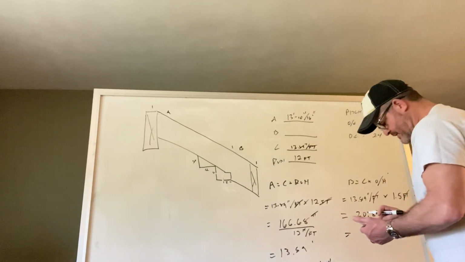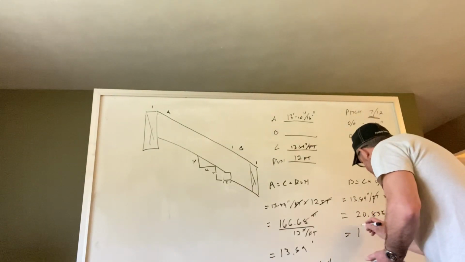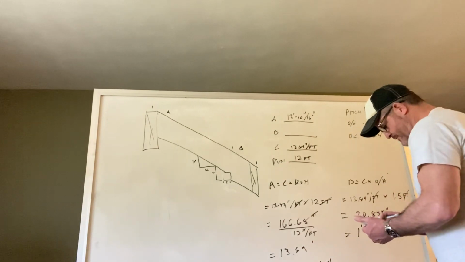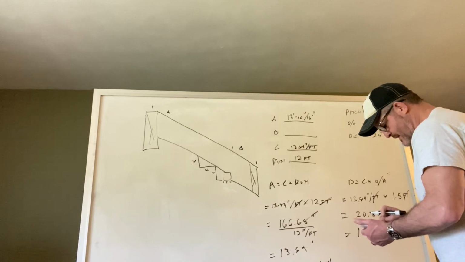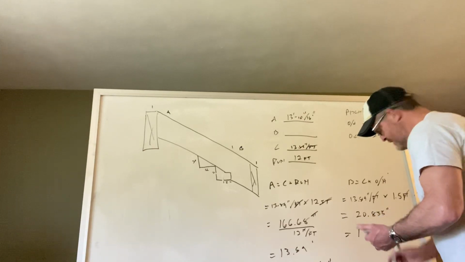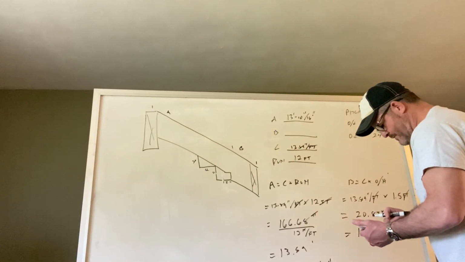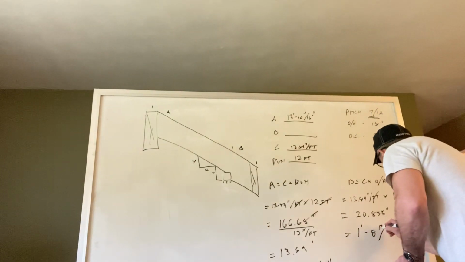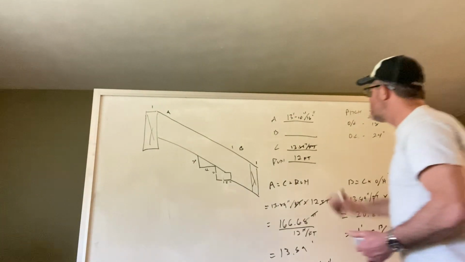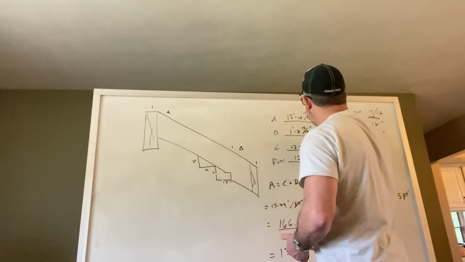I divide that by 12. I get 1 foot, 0.736 times 12, I get 8 inches. 0.832 times 16, I get 13 sixteenths. So 1 foot 8 and 13 sixteenths.